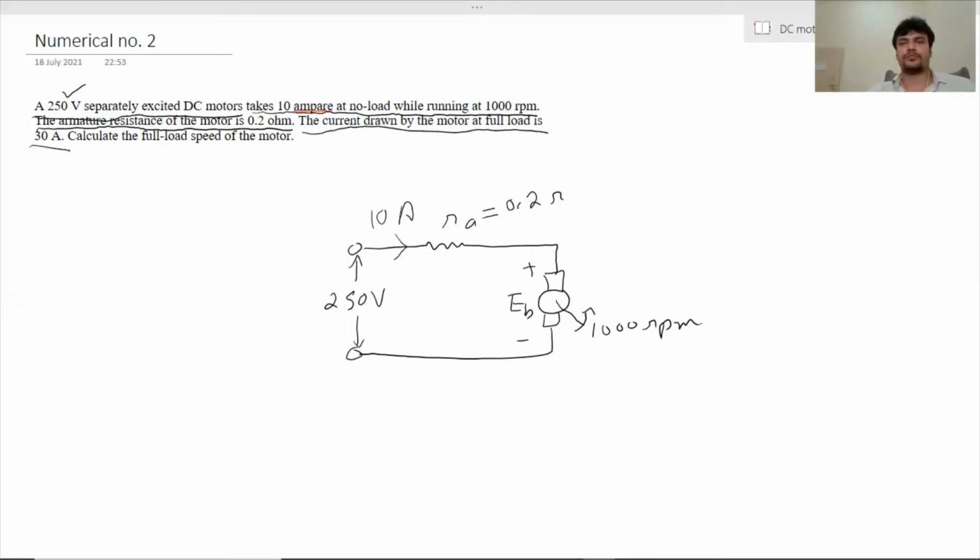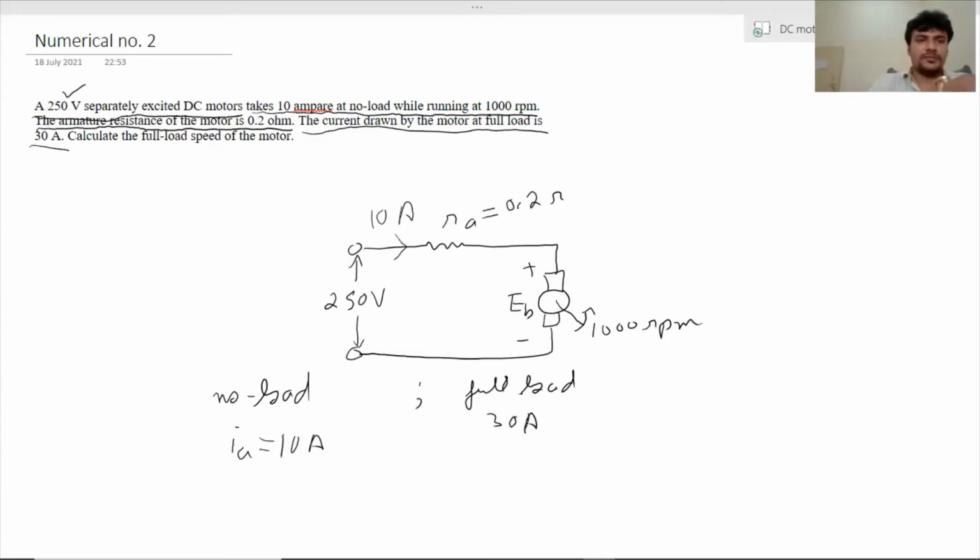This is saying that when you have fully loaded the motor, the current is 30 ampere. So we have got two current ratings. At no load, the armature current is 10 ampere, and at full load, it is 30 ampere.